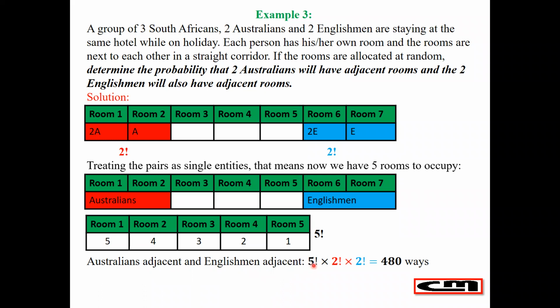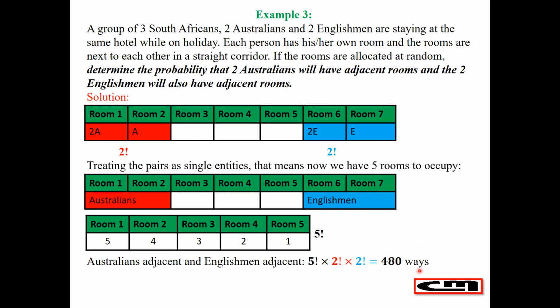That means 5 factorial times the Australians' 2 factorial times the Englishmen's 2 factorial, and this reduces to 480 ways. So we are now having our favorable outcome.